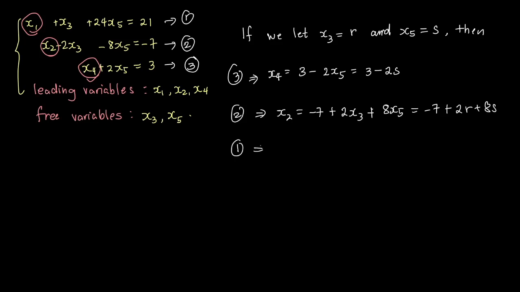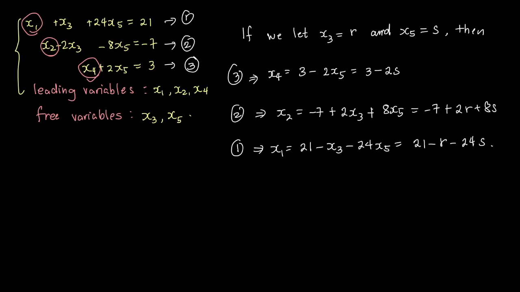From the first equation, we get x sub 1 as 21 minus x sub 3 minus 24 x sub 5. Therefore, that's 21 minus r minus 24s. Is that correct?